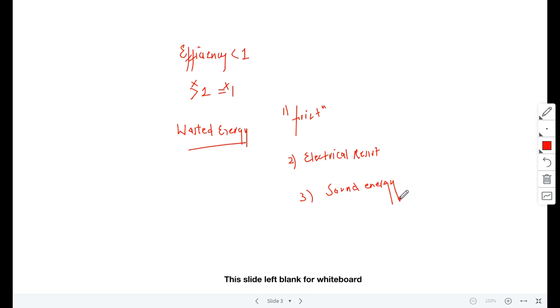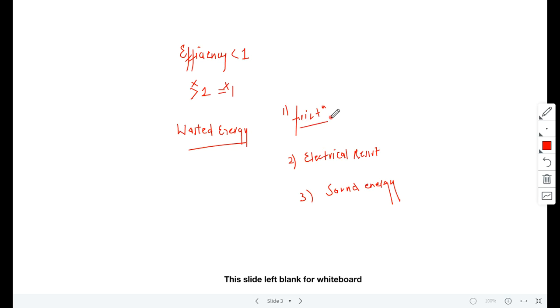So devices can be made more efficient by reducing the energy that gets wasted. How can they do that? By reducing the friction. Suppose there is a moving part where friction is happening, then by lubrication you can reduce the friction.